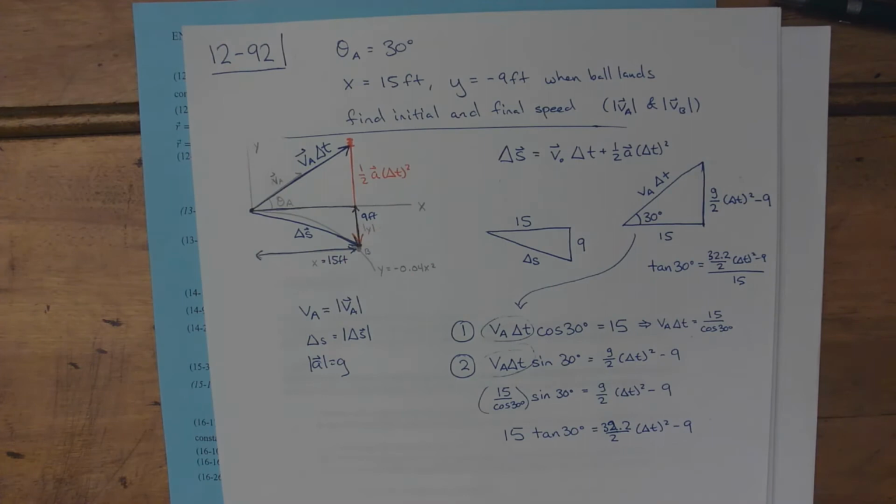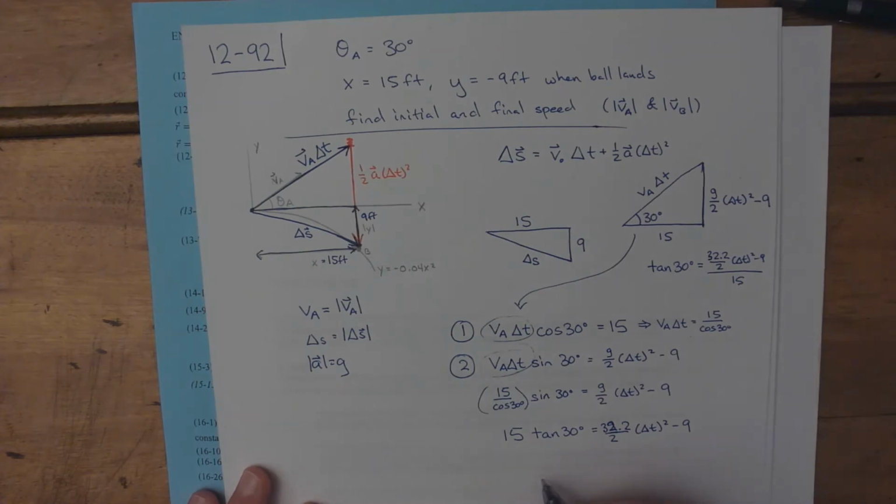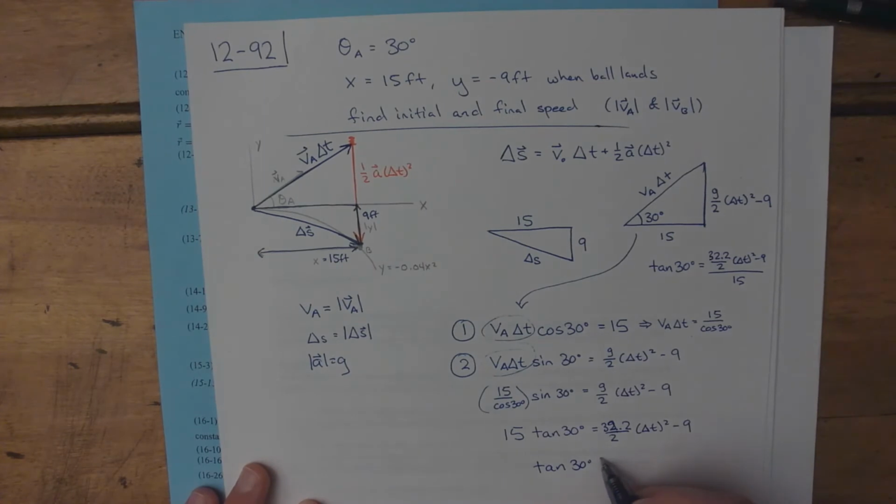So we could have jumped right to what we're going to get here when we divide both sides by 15. Okay, so if you want to think about it a little bit and try and find the shortest way to arrive at the answer, you can do that, but if all else fails, you can go with the sine and the cosine.